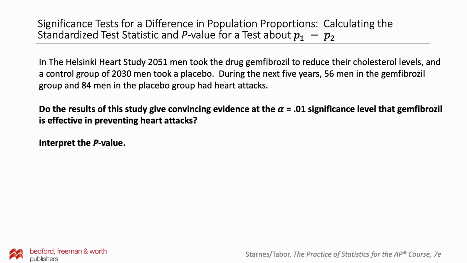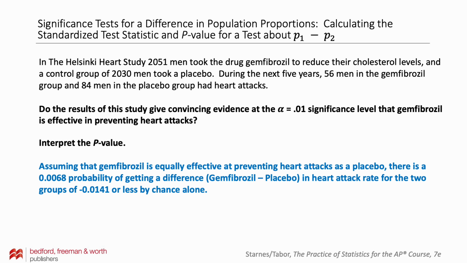So here we're going to interpret the p-value just to refresh on how to interpret that. Remember, we are going to assume that the null is true. So assuming that gemfibrozil is equally effective at preventing heart attacks as a placebo, there is a 0.0068 probability of getting a difference in heart attack rates for the two groups, and you do need to state the order as it appears, of negative 0.0141 or less purely by chance.